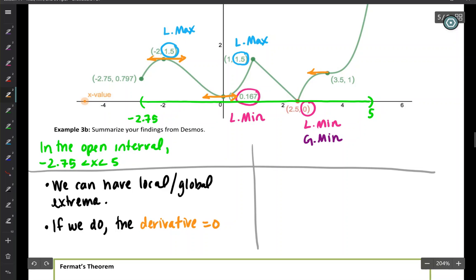But just because the derivative is 0 right there, we don't necessarily have a local or an absolute max or min. If we do have a local or a global extrema in the interval, the derivative could be 0, but another thing that could happen is the derivative is undefined right there on these cusps, corners.